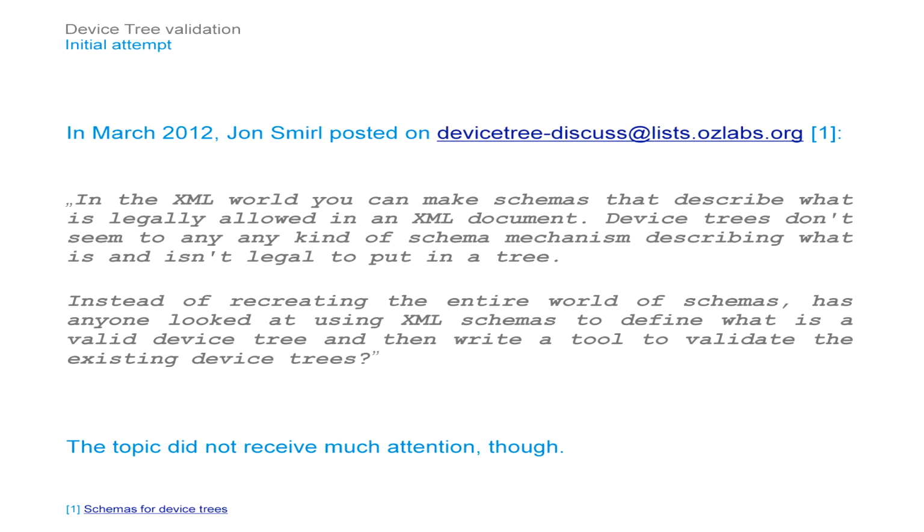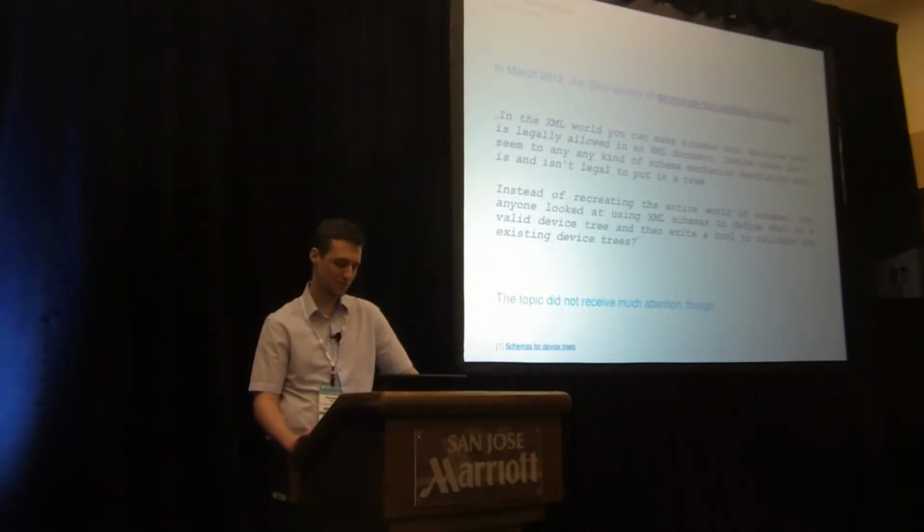Instead of recreating the entire world of schemas, has anyone looked at using XML schemas to define what is a valid device tree and then write a tool to validate the existing device trees, he asked. Unfortunately, the topic didn't receive much attention at that time.